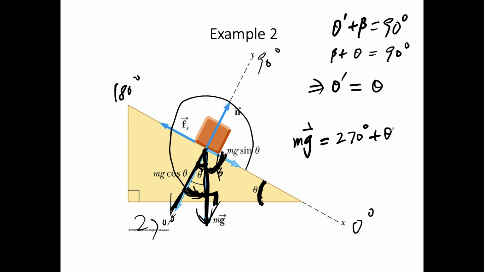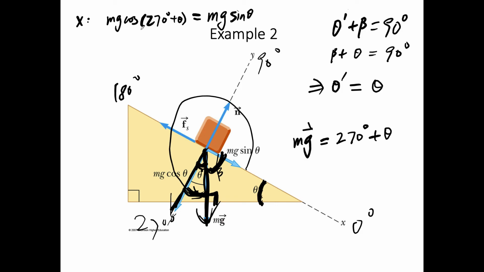Now, what's the x component of mg and what's the y component of mg? The x component of mg is mg cosine of 270 degrees plus theta. And if you do trigonometry, you find it's actually mg sine theta rather than cosine theta.